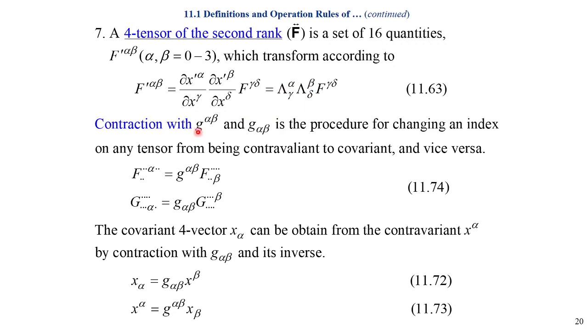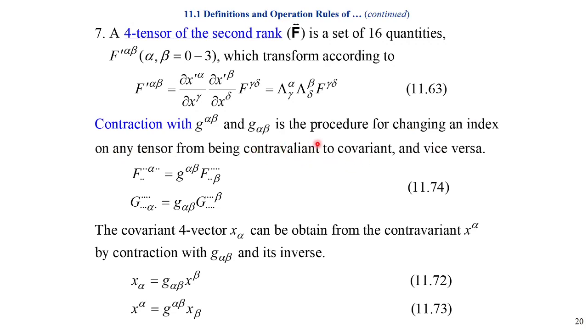Contraction with a metric tensor, G alpha beta, with superscript or subscript indices, is the procedure of changing an index on a tensor from being contravariant to covariant.